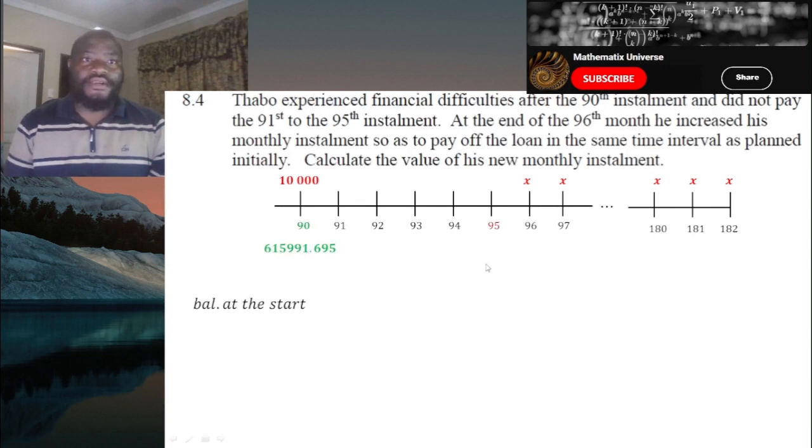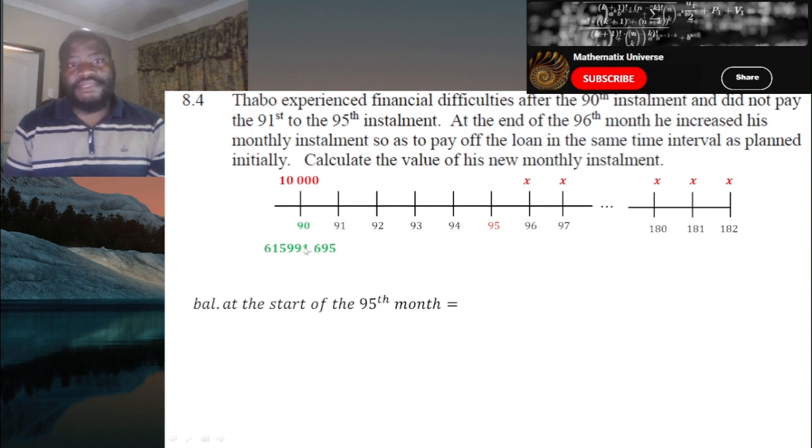Next, we're going to figure out how much this money is going to be after it has moved for these months up until the 95th month. Since Tao last paid on the 90th month, the next time it's going to pay is on the 96th month.